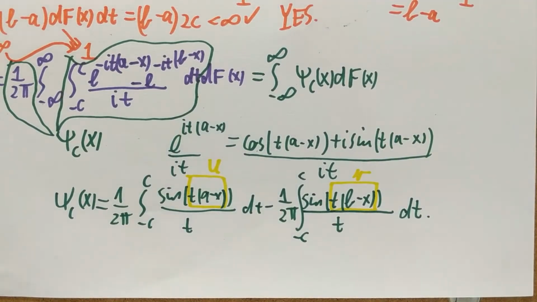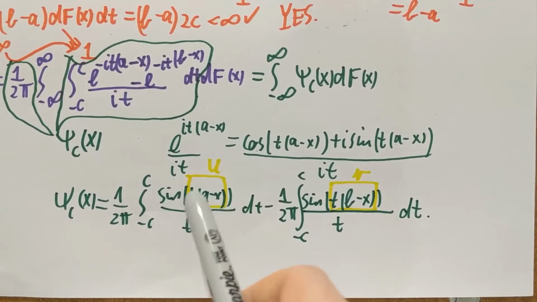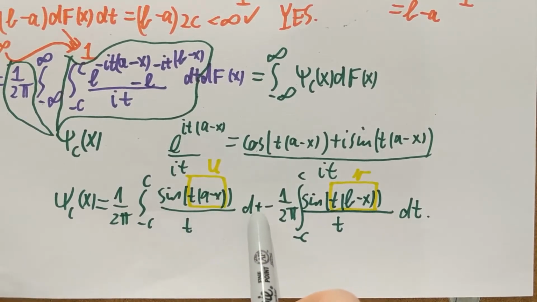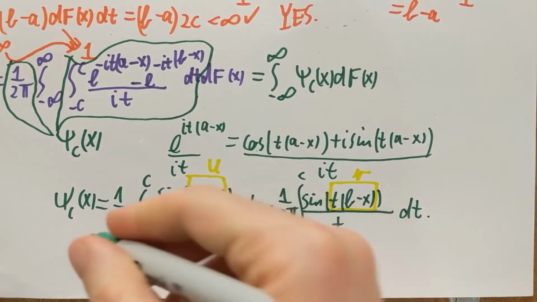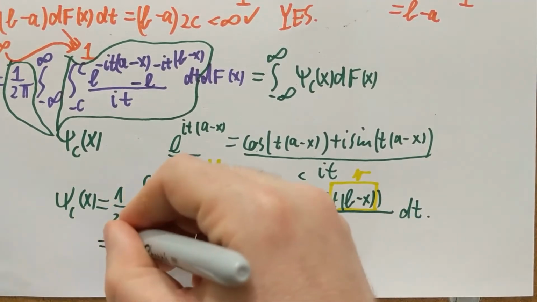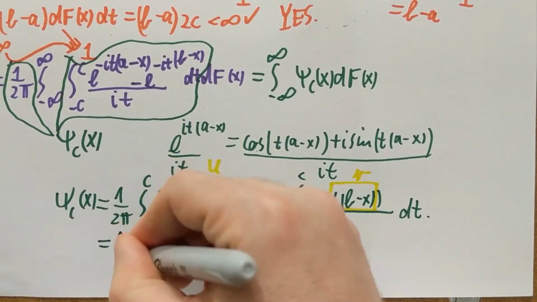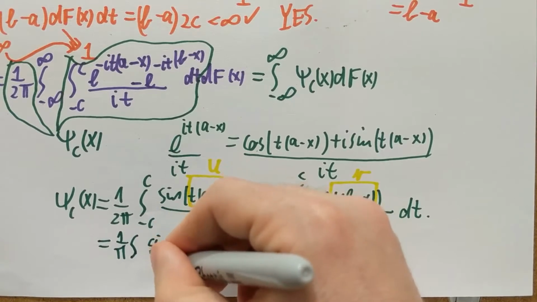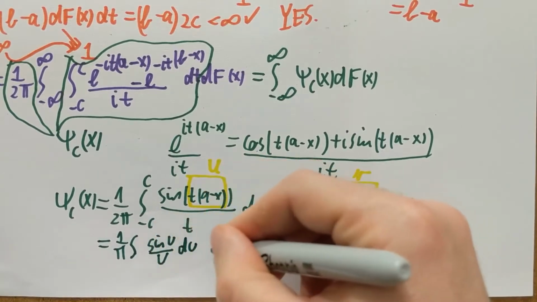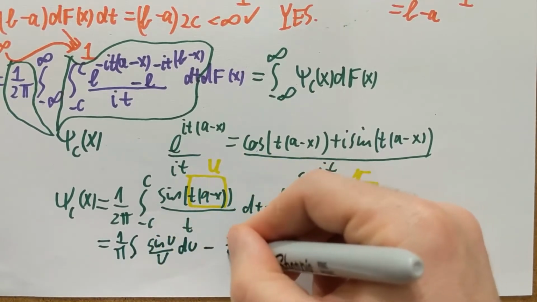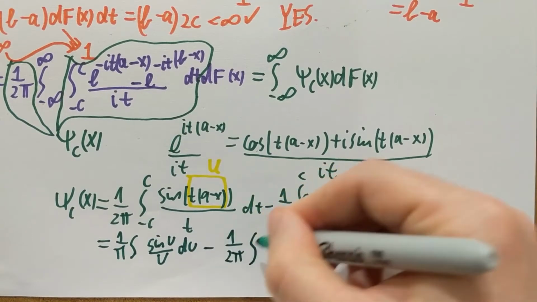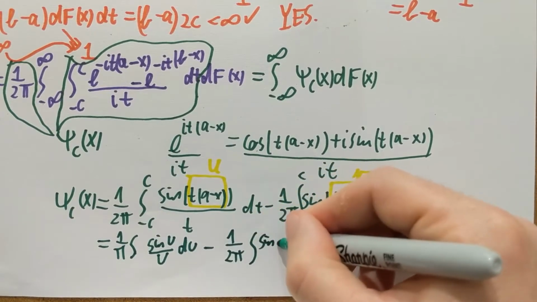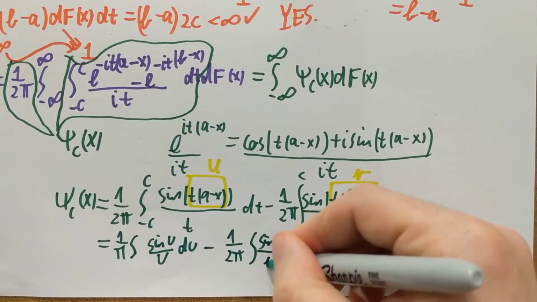It's just a constant multiple of t, and dt will have this constant multiple, and t will also have this constant multiple, so those cancel, and I just end up with 1 over 2 pi integrate sine of u over u, minus 1 over 2 pi integrate sine of v over v.